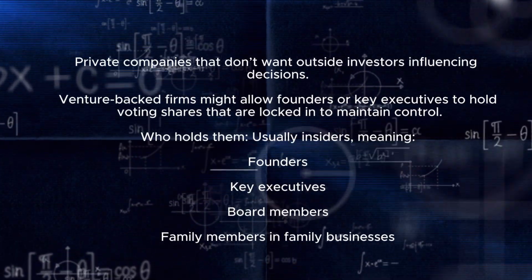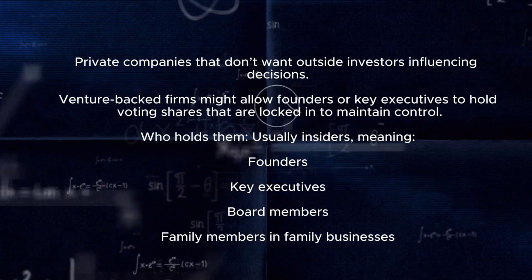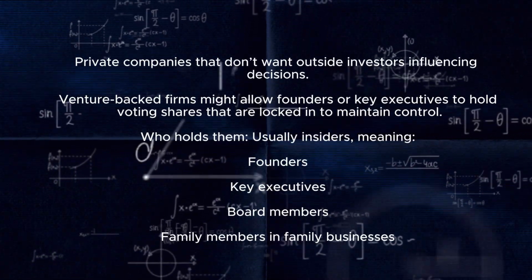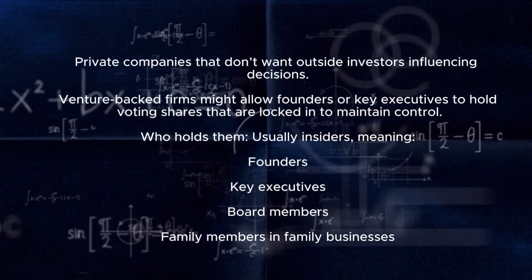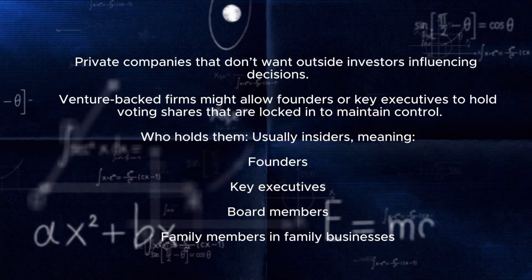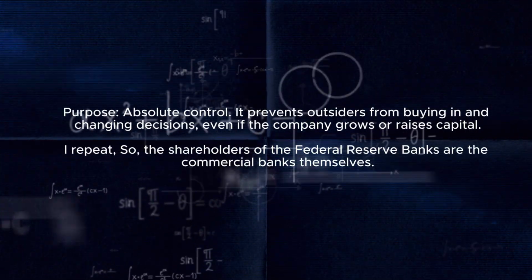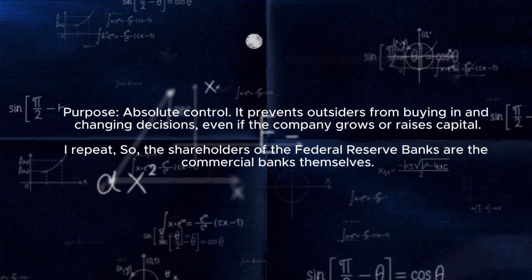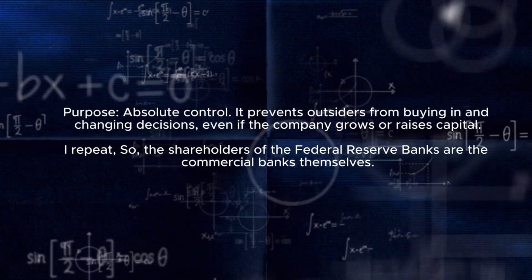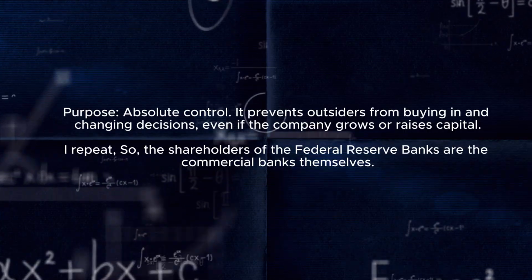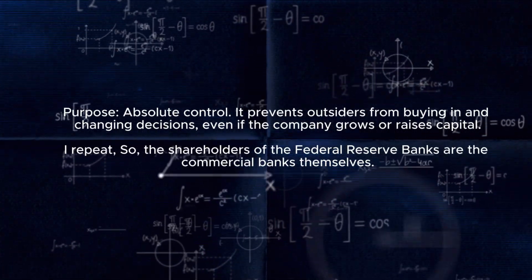Who holds them? Usually insiders, meaning founders, key executives, board members, family members, and family businesses. Purpose: absolute control. It prevents outsiders from buying in and changing decisions, even if the company grows or raises capital.